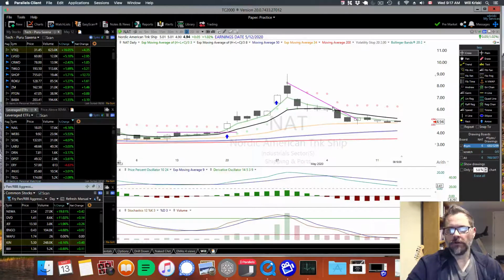Another way to look at it is to look at moving averages. What I have on the chart here is an 8 exponential moving average, and then a 3 exponential. What you'll notice is when it's going up, obviously the two moving averages are sloping up, and the 3 is above the 8.